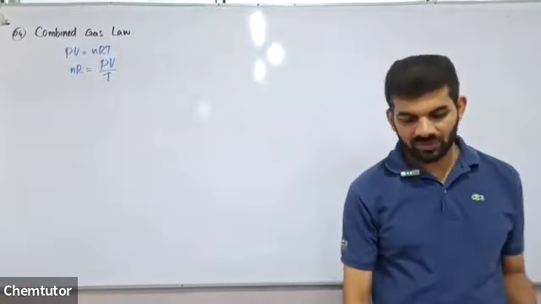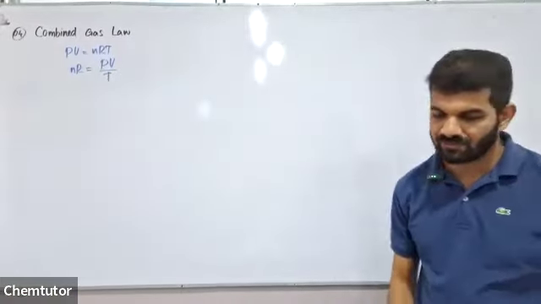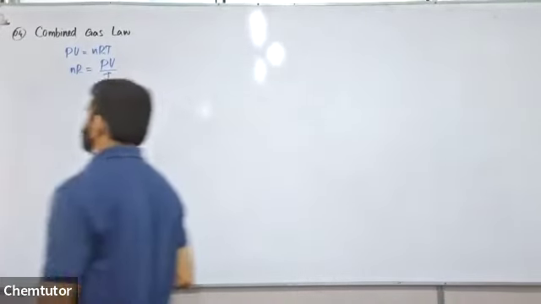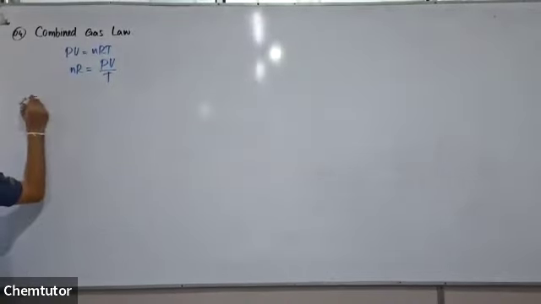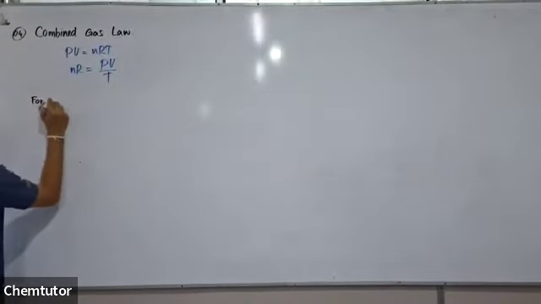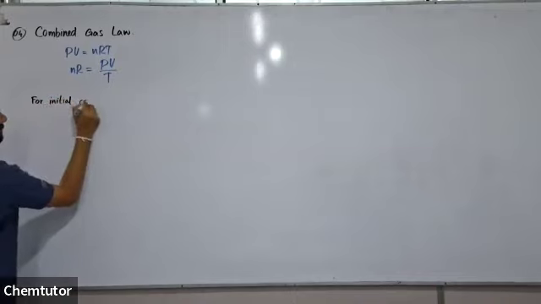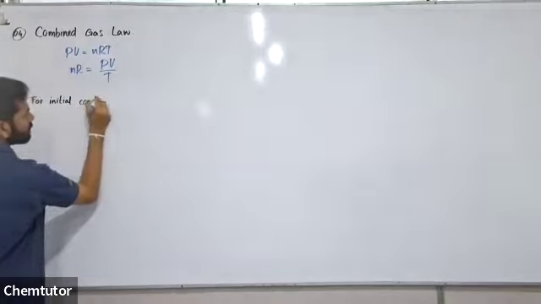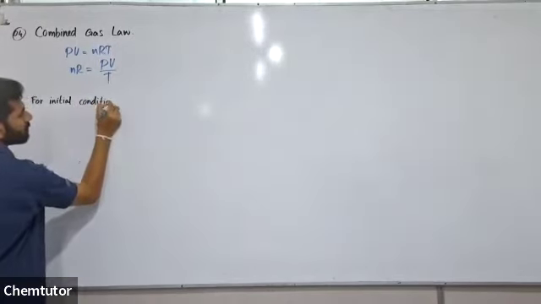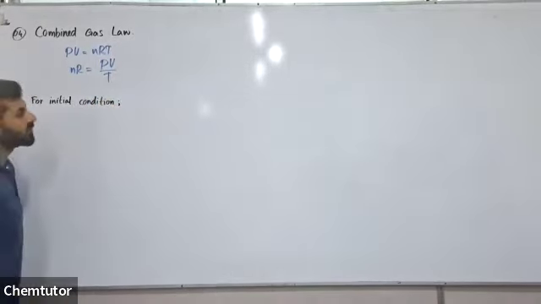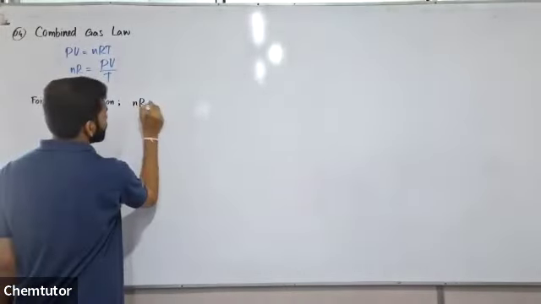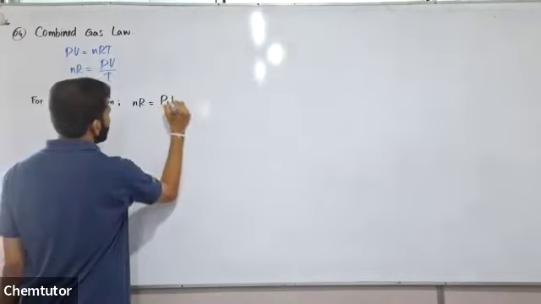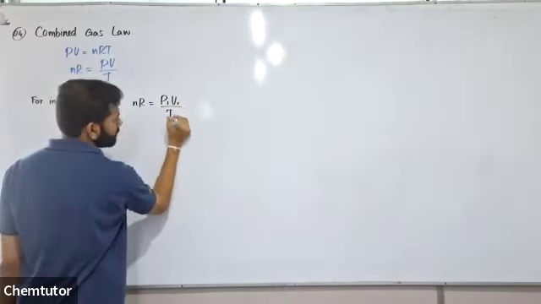So if we consider two different conditions, we can say for the initial condition, nR equals P1 V1 over T1.